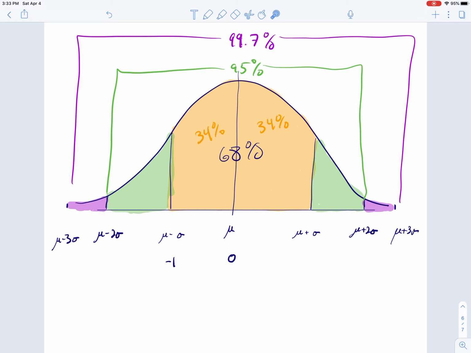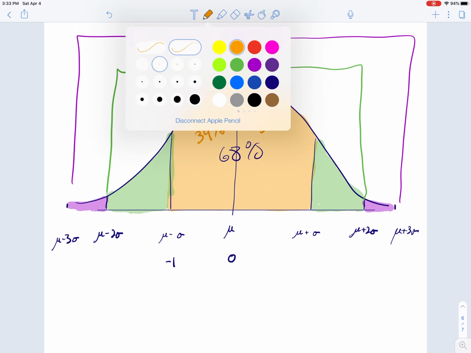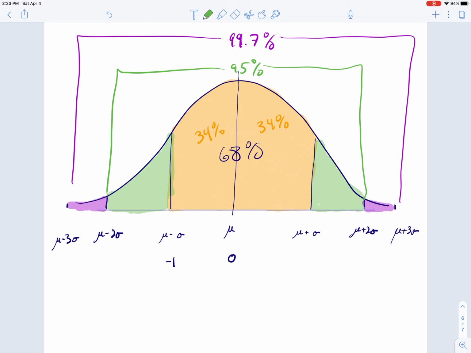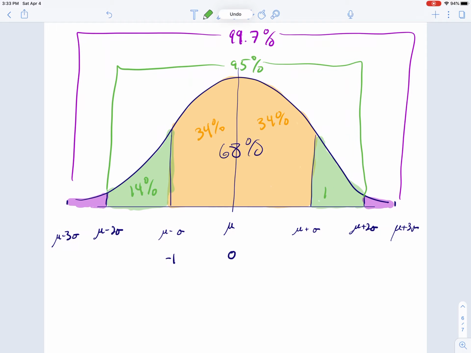So then, let me see. If that's 95 and we use 68, what's 95 minus 68? 28. And 28 divided by 2 is 14. So this is about 14% of the data here. This over here is also about 14% of the data, all right?